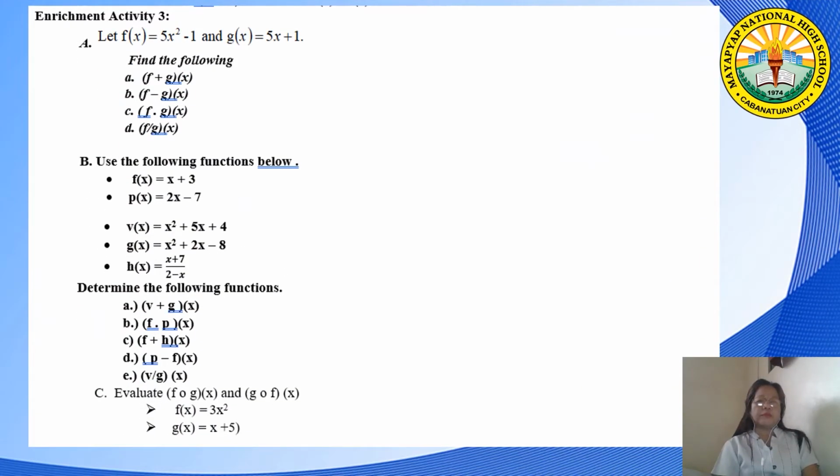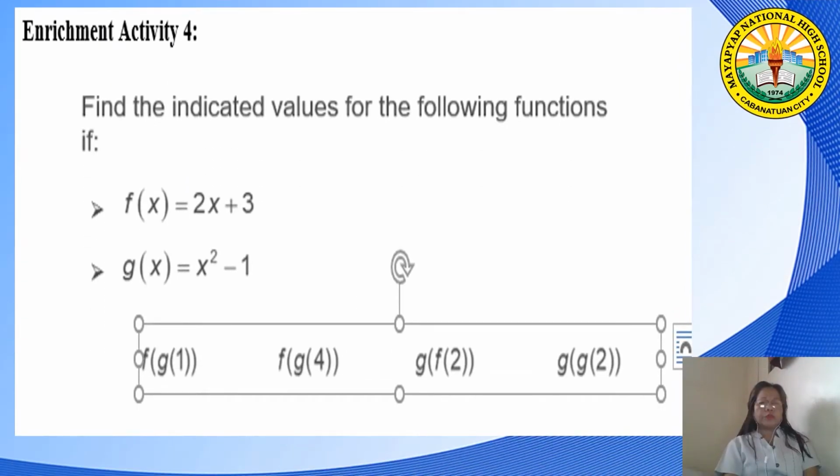For enrichment activity 3, given the functions, you are going to apply your knowledge in operation of functions. For enrichment activity 4, given the functions, you may apply your knowledge in composition of functions.